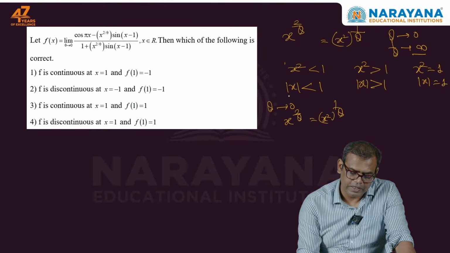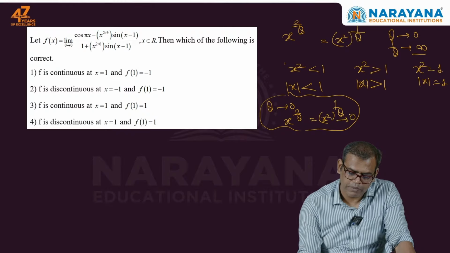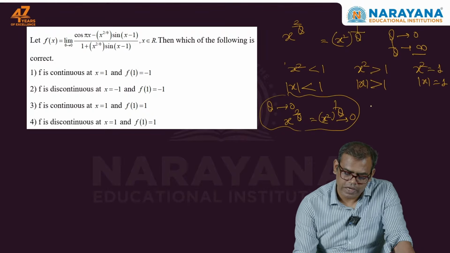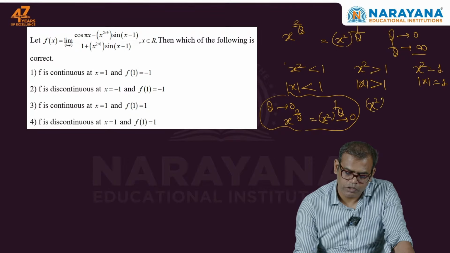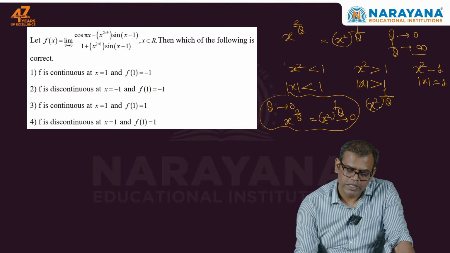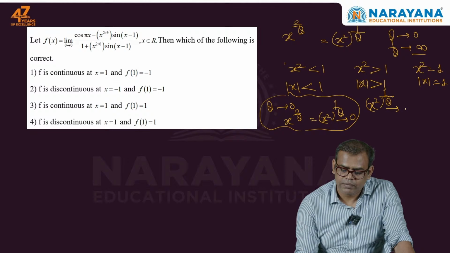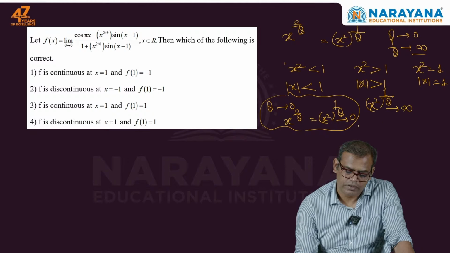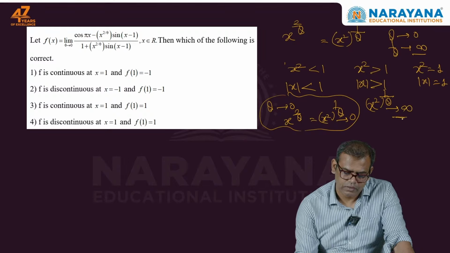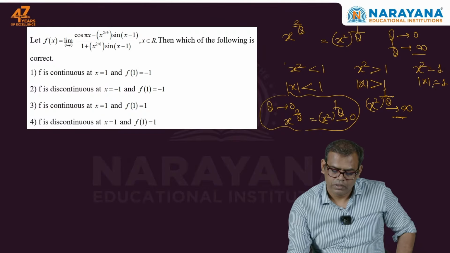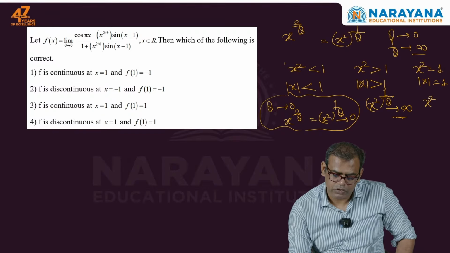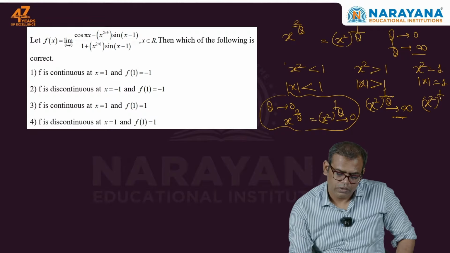It will approach 0. So in that case, x square whole to the power 1 by theta, the base is greater than 1 now, so that will approach plus infinity. In that case, if x square is 1, then x square to the power 1 by theta is always 1.